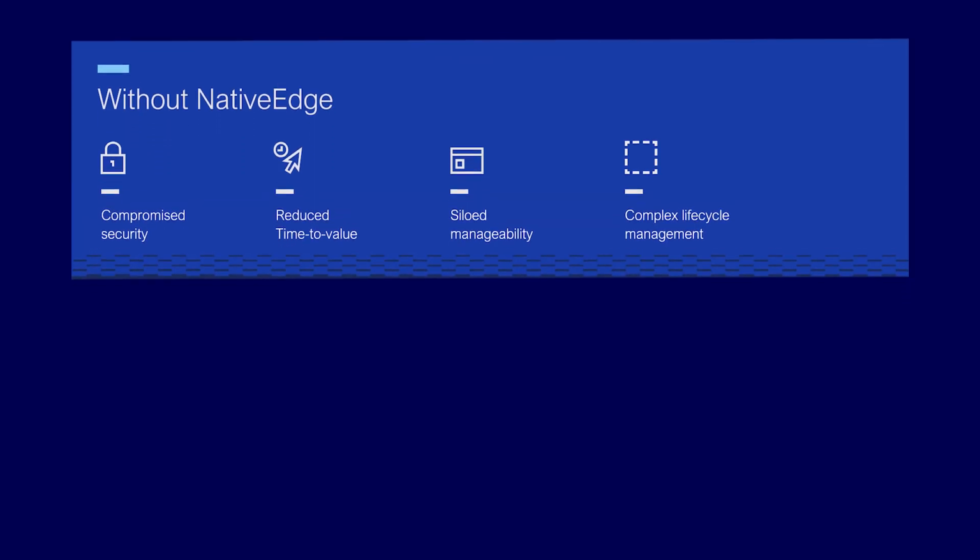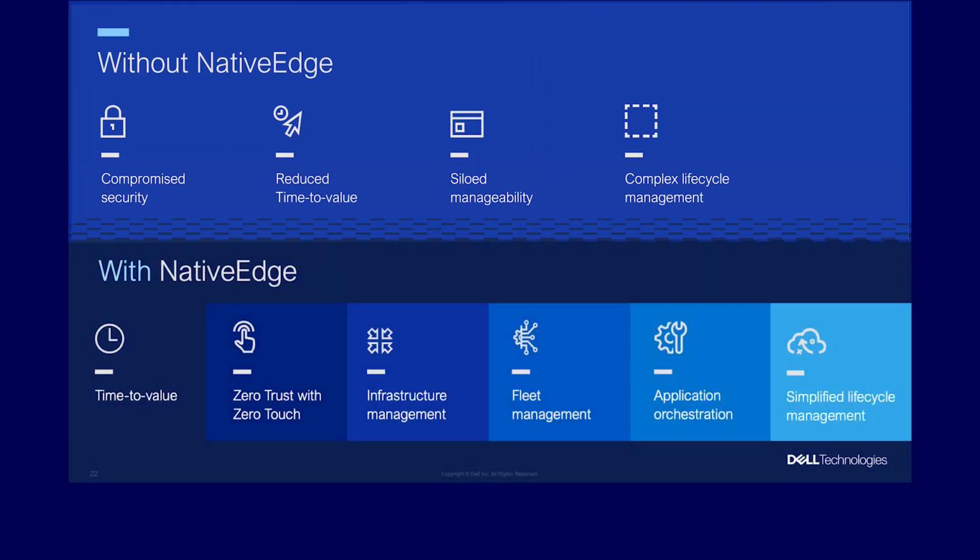And then again, you can even scale that further from cities to counties to even state level or entire nations. So we simplify that lifecycle management. We reduce the time to market by bringing a faster time to value. And all of this is done by a measure of application orchestration and how we improve upon infrastructure management.